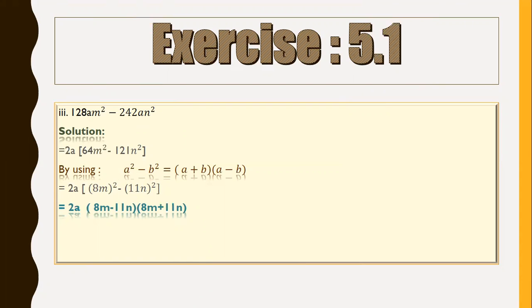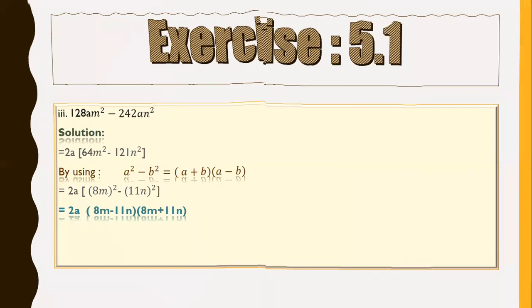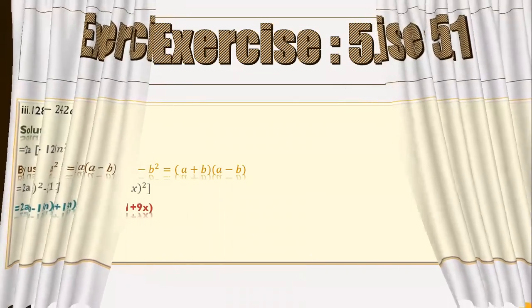According to the formula a plus b into a minus b, it will be 8m minus 11n and 8m plus 11n. The last part is 3x minus 243x cube. We take 3x common.